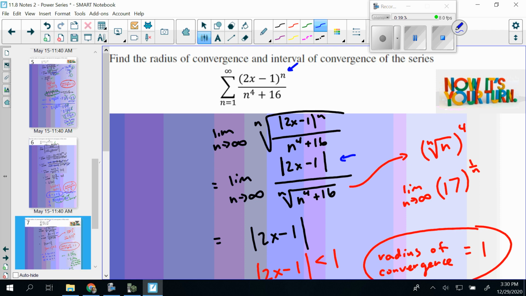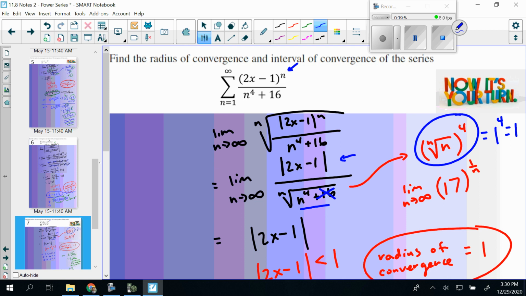Nth root of this, we can take some liberties here. If we just look at the main part of this, it would be nth root of n to the 4th, which could also be written like this. And we've seen that the nth root of n as we go to infinity is 1, so that's just 1 to the fourth, or 1.